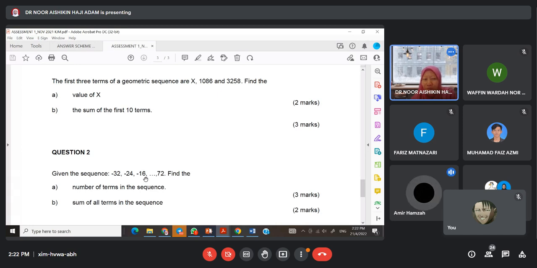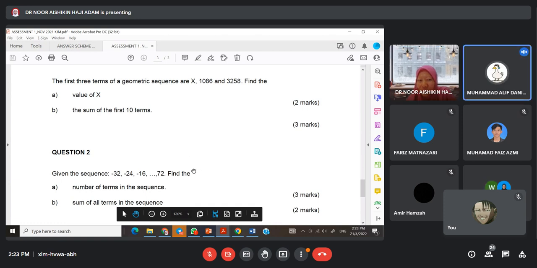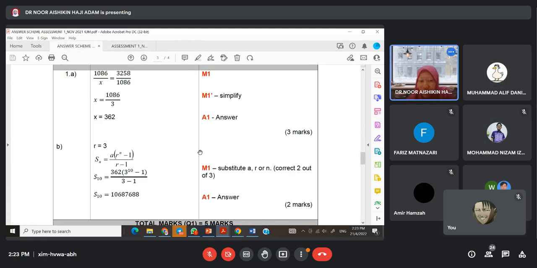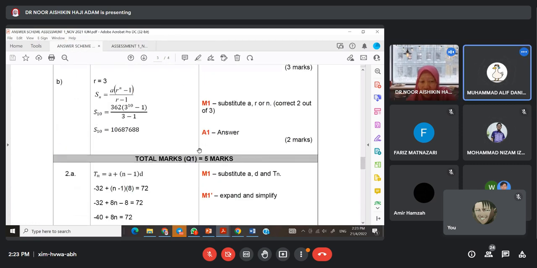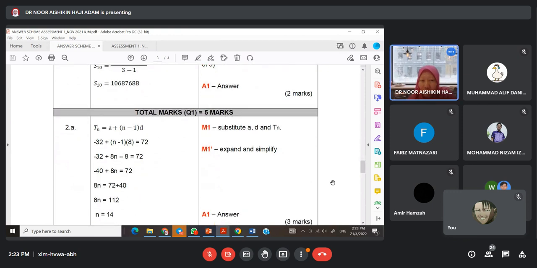So what is this sequence? Arithmetic. Okay. So what is the number of terms? 14. Let's have a look. 14.